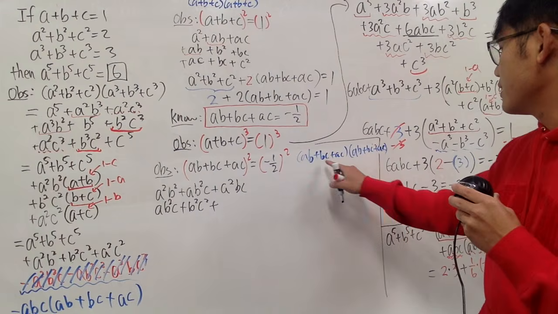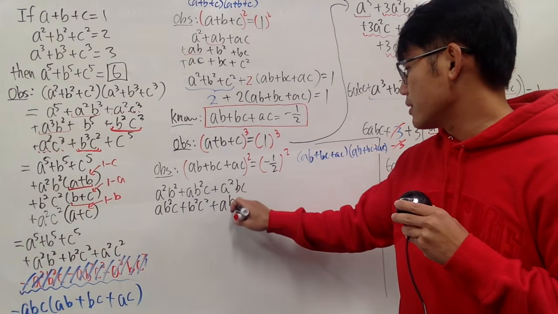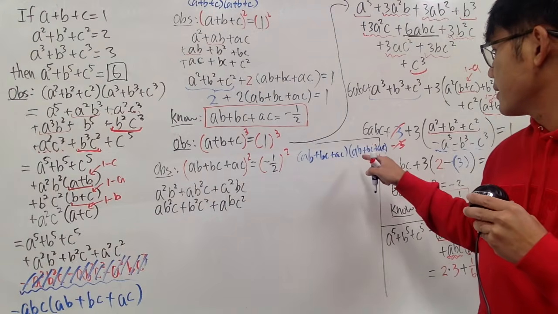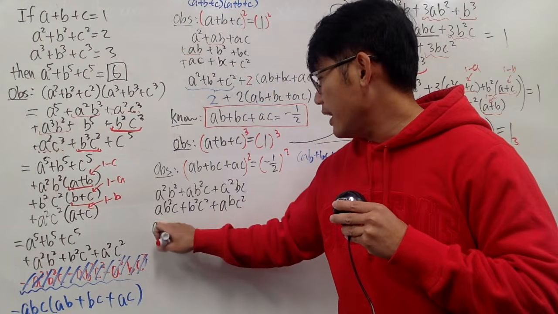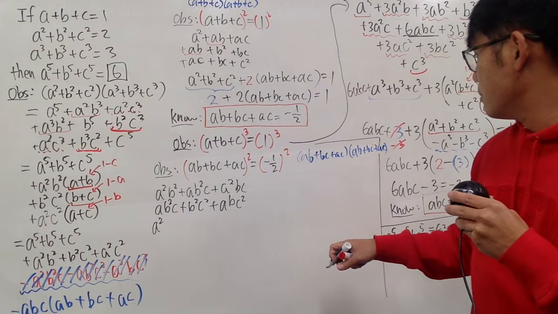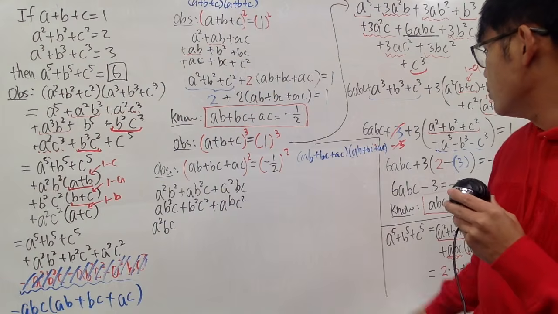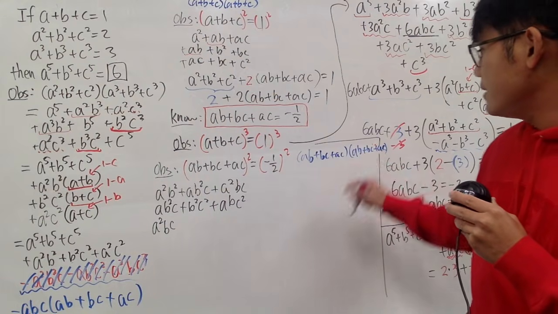And now you take this times that, you get ABC squared, like that, right? And lastly, you take AC times this, you get A squared BC, like this. And you will have this times that, which is ABC squared.